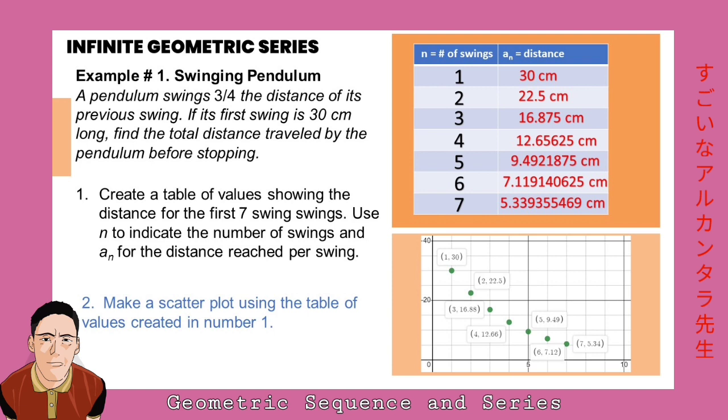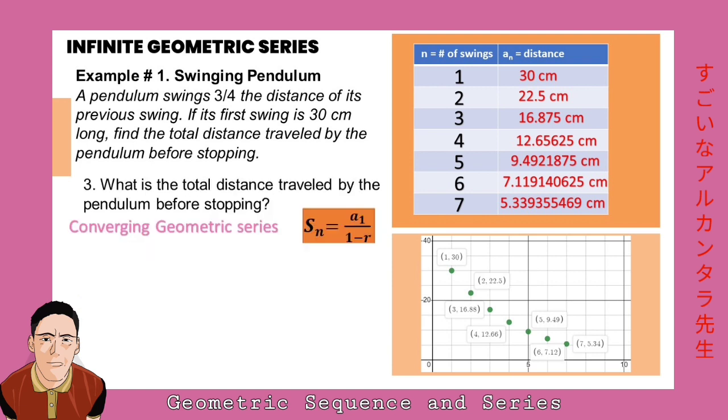Now, to answer the question, what is the total distance traveled by the pendulum before stopping? This is again our formula for a converging geometric series: a sub 1 all over 1 minus r. Your a sub 1 here is 30. So have 30 as your numerator. Again, how did we know that a sub 1 is 30? It is stated in there.